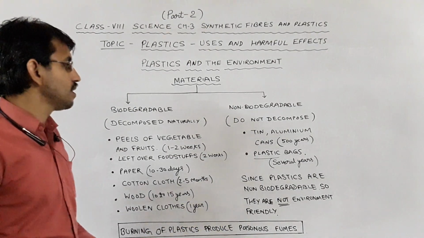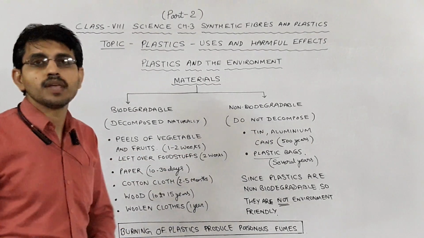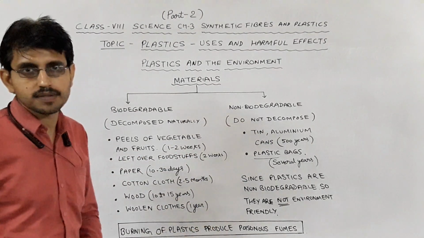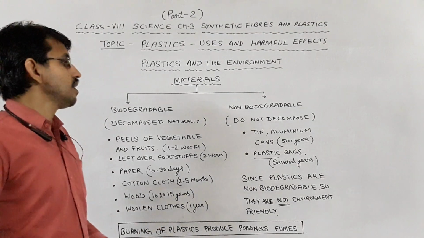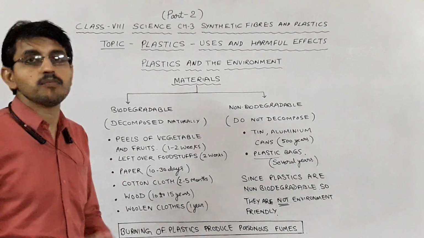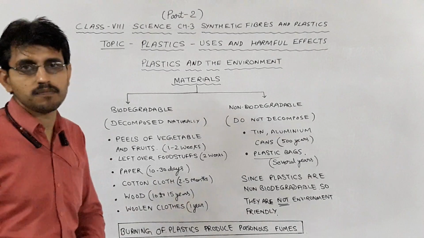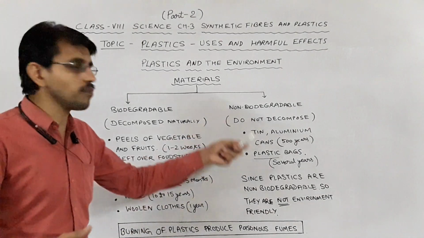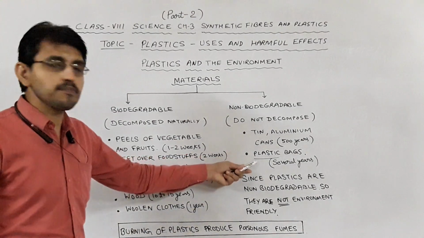On the other hand, other substances like tin, aluminium and cans of other metals, and glass bottles take a very long time to decompose, near about 500 to 1000 years. This time is too long, so we call them non-biodegradable. Plastic bags.